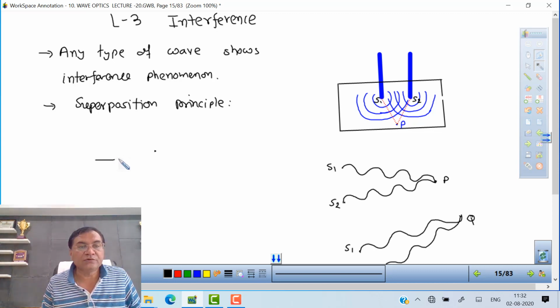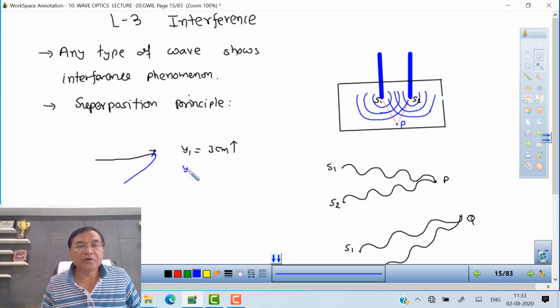So a wave is passing over here. Because of this wave, this particle is displaced by 3 centimeter up. I say y1. And one more wave is also passing over here.